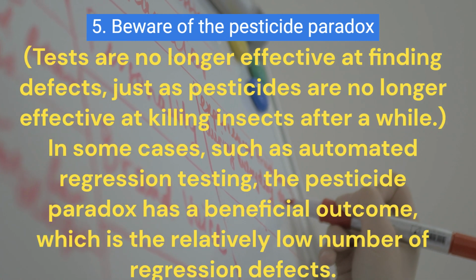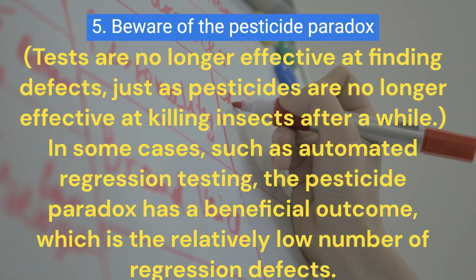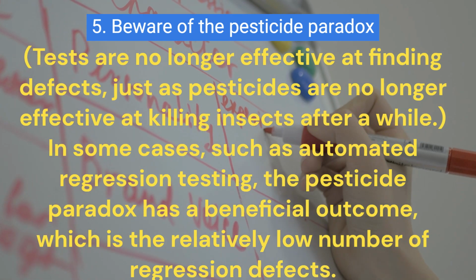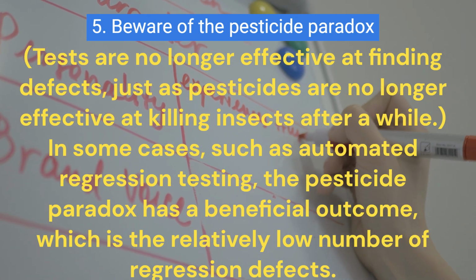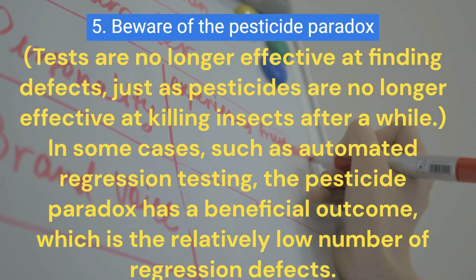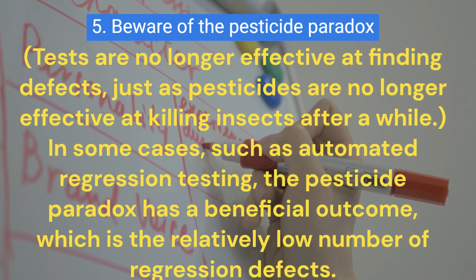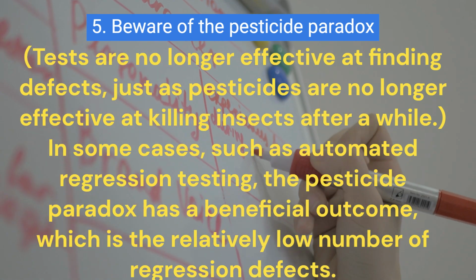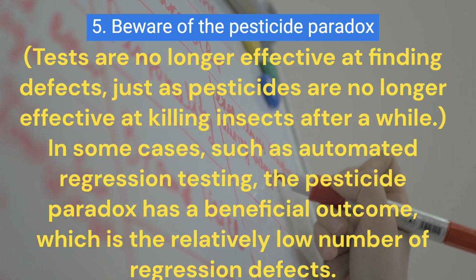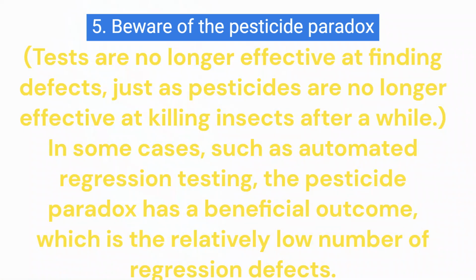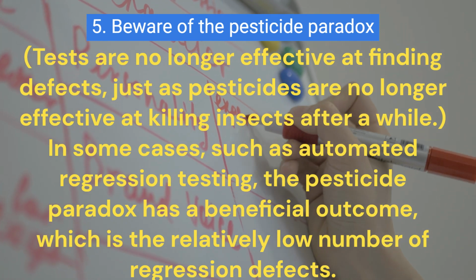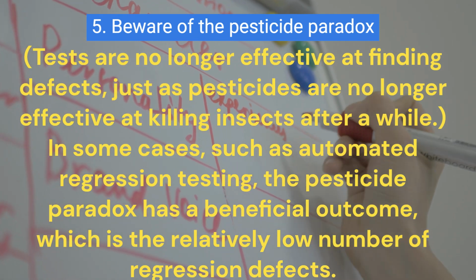Tests are no longer effective at finding defects, just as pesticides are no longer effective at killing insects after a while. In some cases, such as automated regression testing, the pesticide paradox has a beneficial outcome, which is the relatively low number of regression defects.